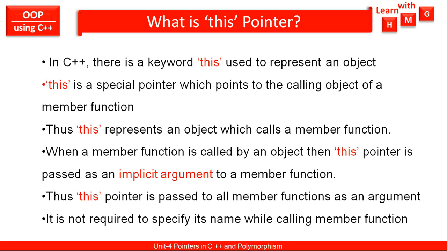Internally it is automatically set to the calling object and automatically passed as an implicit argument, and hence while writing a program it is not required to specify the name of this pointer. Only the object dot is sufficient. So this is about what is this pointer and for what purpose it is used.